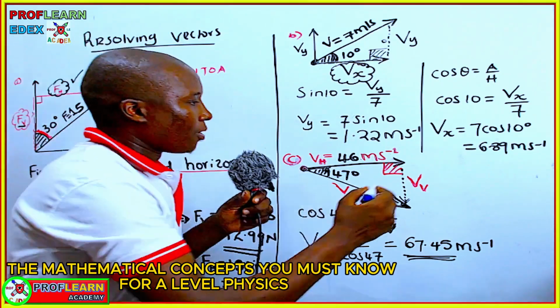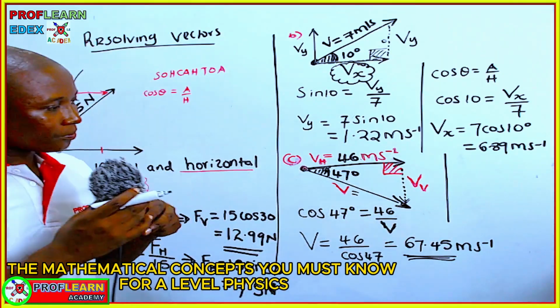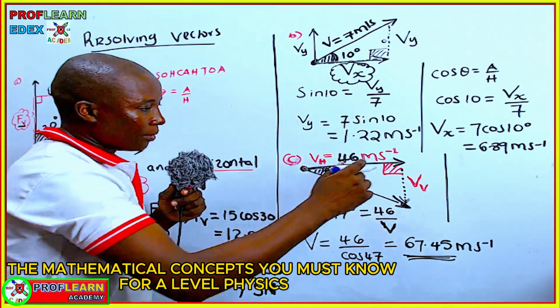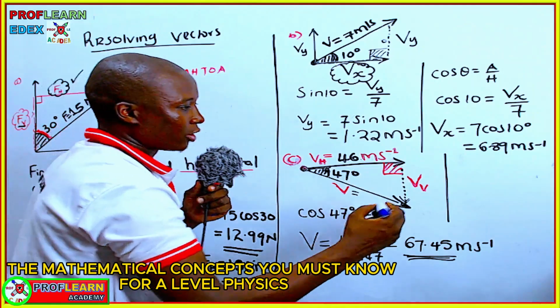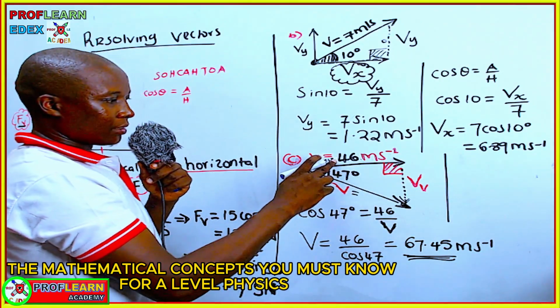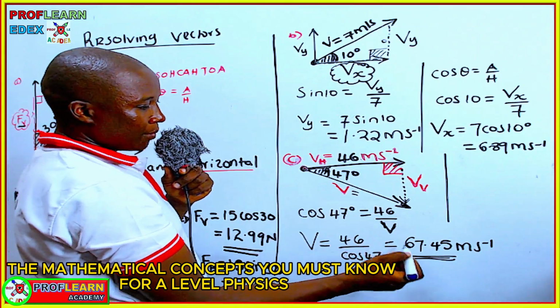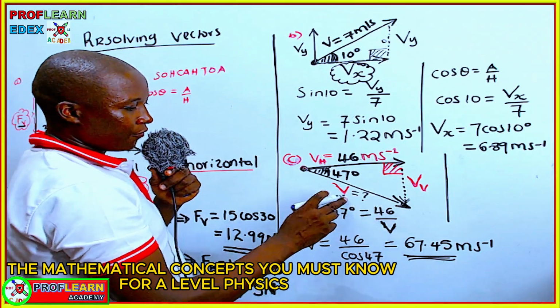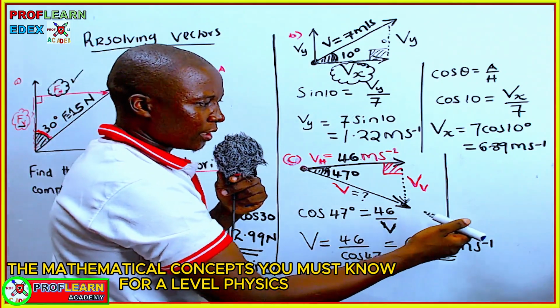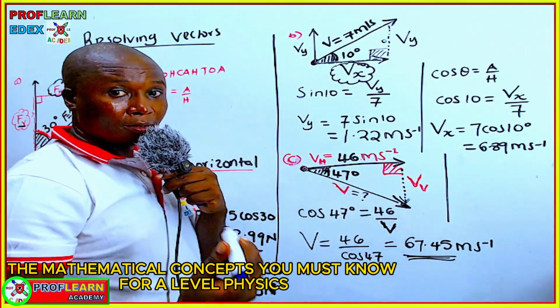So the velocity in this direction was this value that we have gotten at this given point. Now, what was the velocity in the vertical direction? The velocity in the vertical direction is going to be, this is opposite, and this was adjacent. So now you need to avoid, because this one we have found V, so maybe if it's wrong and you use it to find this one, you may be penalized.